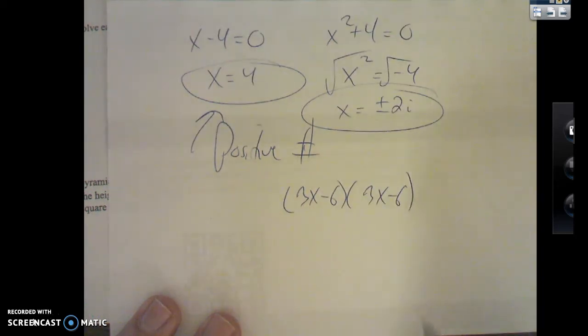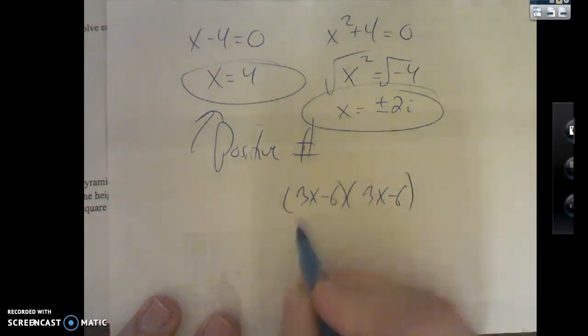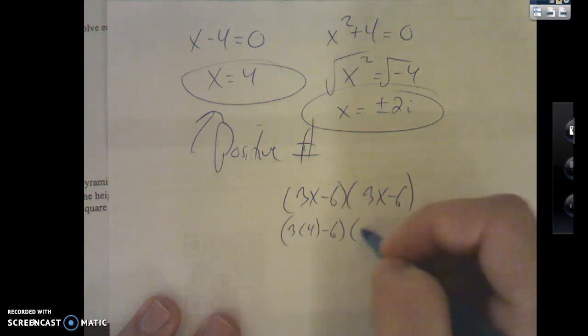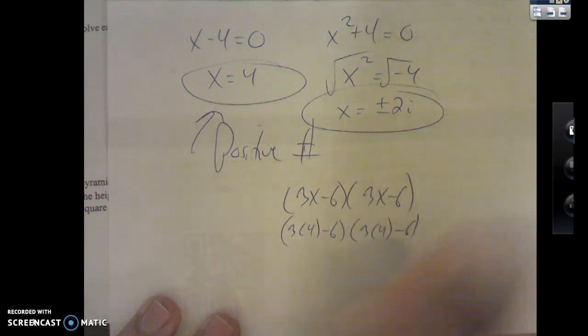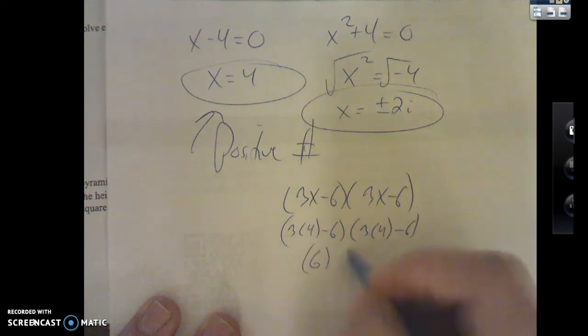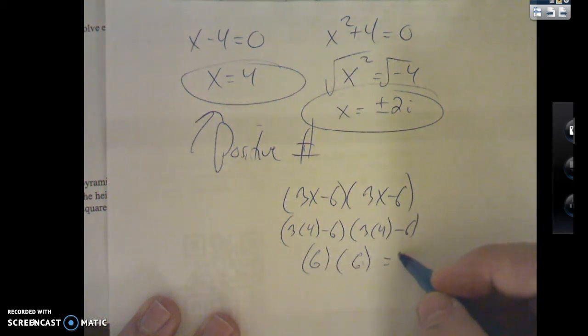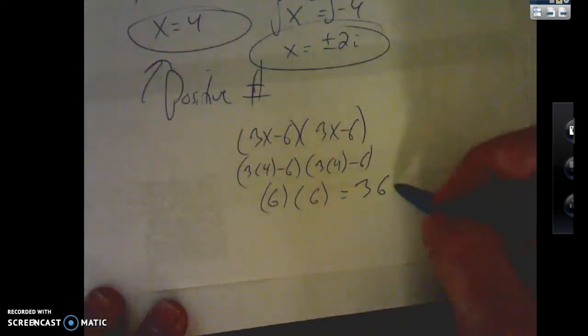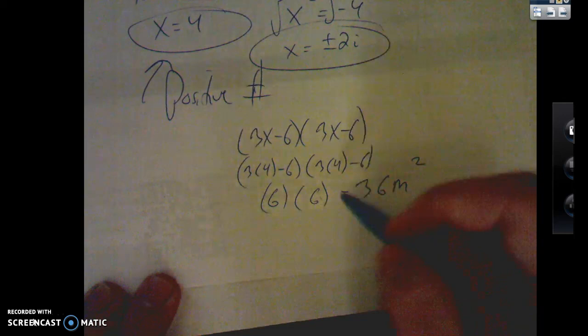If I put a 4 in here, 3 times 4 is 12. 12 minus 6 is 6. 12 minus 6 is 6. That would give me 6 times 6, which is 36. What are we talking about here? Meters. So 36 meters squared.